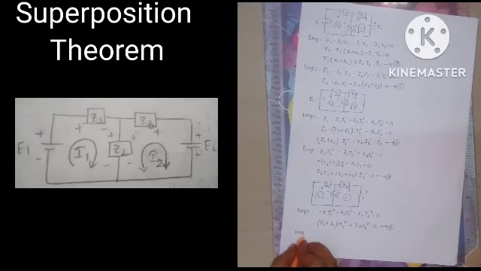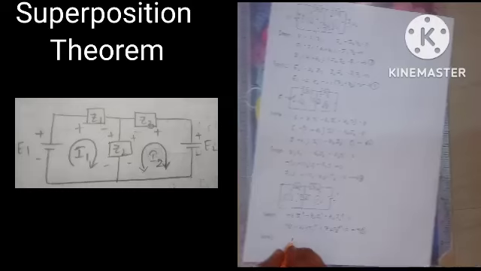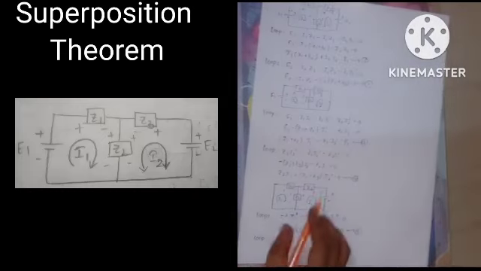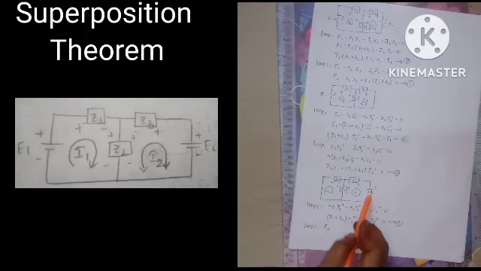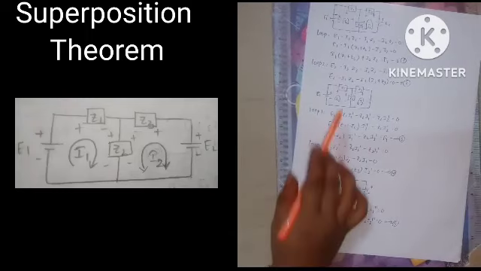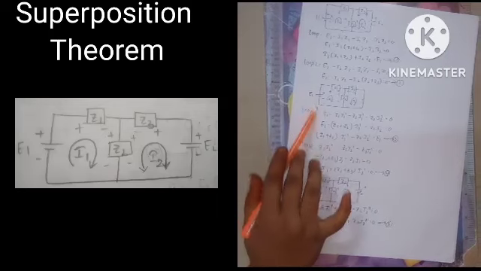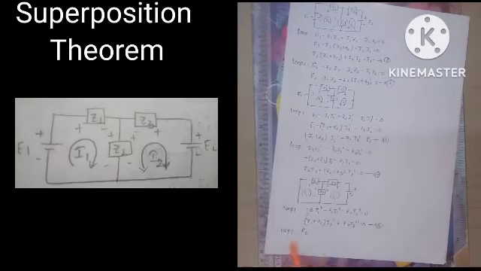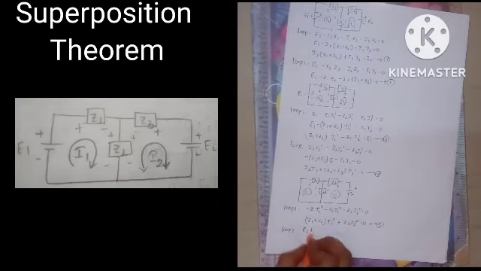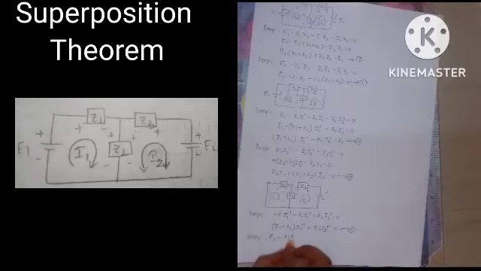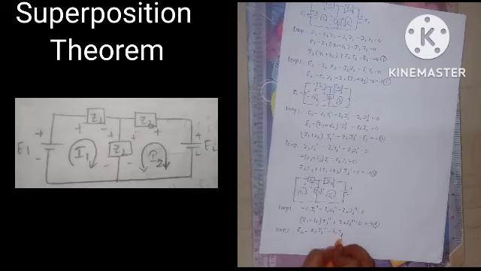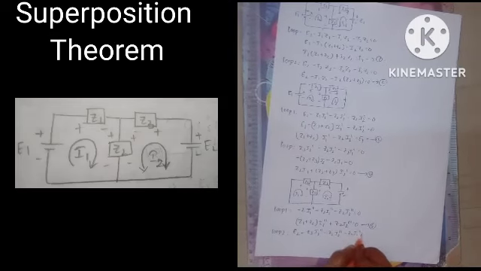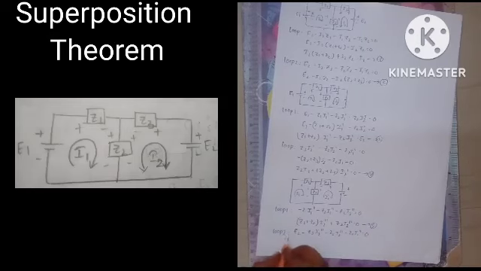Loop 2. From loop 2, E2 is the voltage source, and in this circuit E1 is removed. Now E2 minus Z3 I2 double dash minus Z2 I2 double dash minus Z2 I1 double dash is equal to 0.